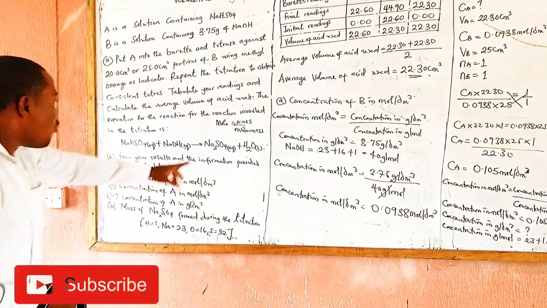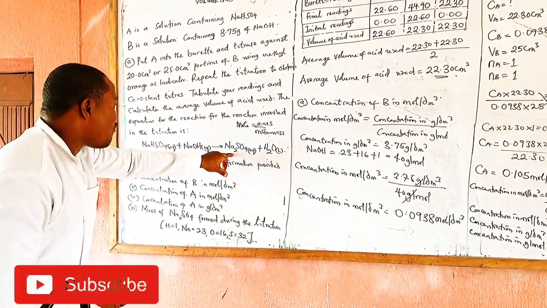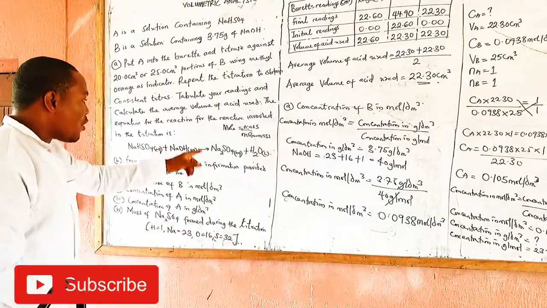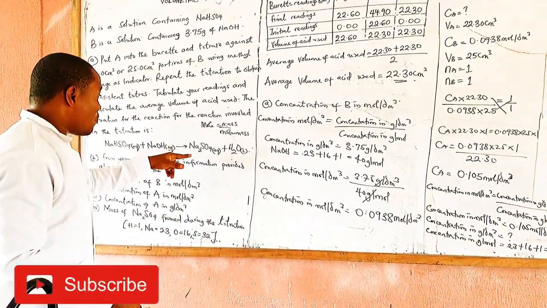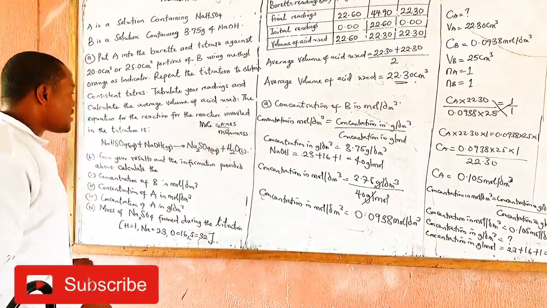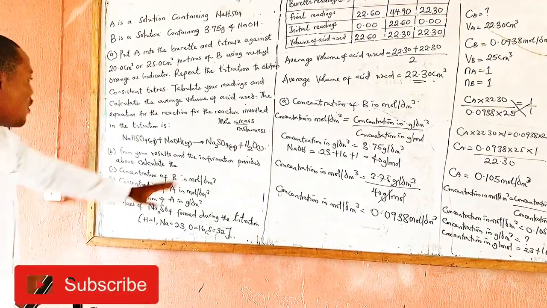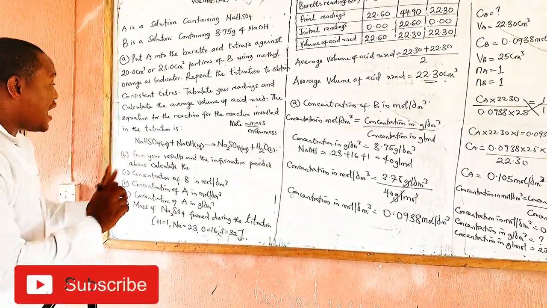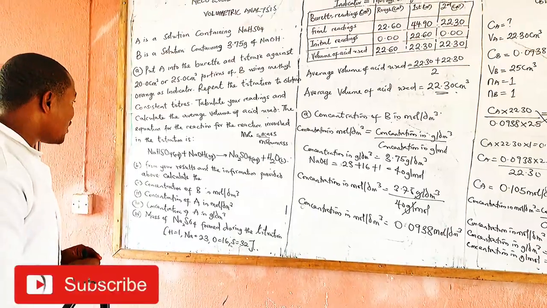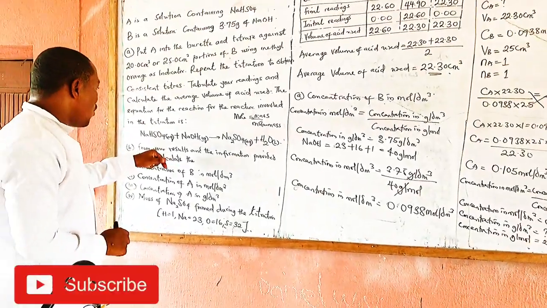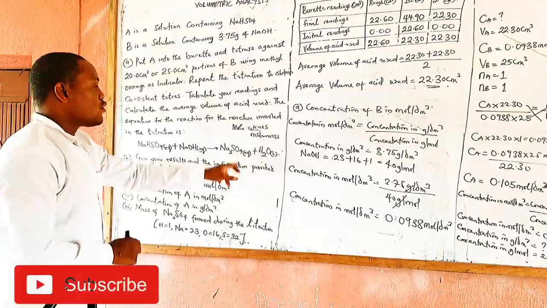That's the product. So what will be the mass of this that will be formed? This is a way of actually producing salt in the laboratory. How do I get the mass of this? They did not give us any information about it.